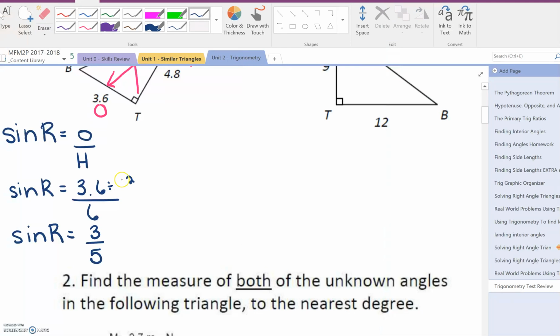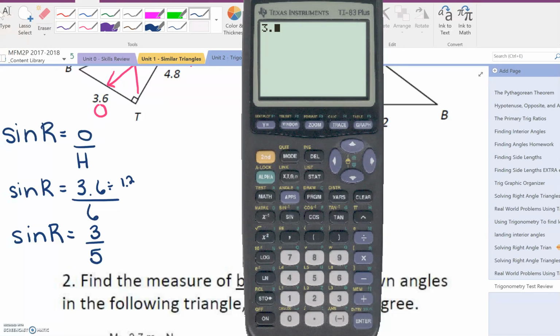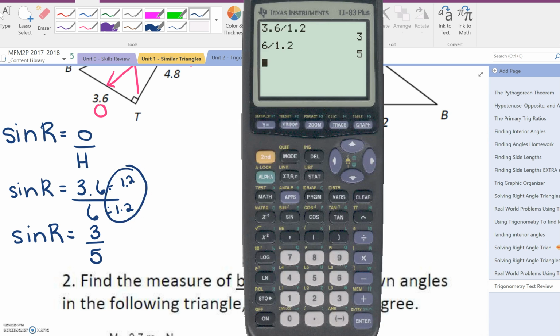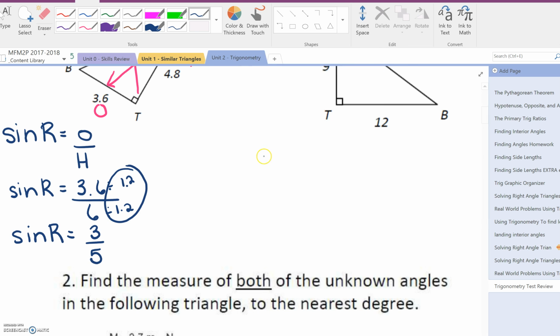You divide the 3.6 by 1.2. You don't really need to know how you get there, but I just want to show you in case you're curious. 3.6 divided by 1.2 is 3, and if you check 6 divided by 1.2, it gives you 5. So that's how we got there. But again, you don't need to write this part down. I really just want you to be able to use the math function and get it into fractions. It's very important that you know how to do that. If you need the supply teacher to replay this, then just ask them, and I'm sure that they will.